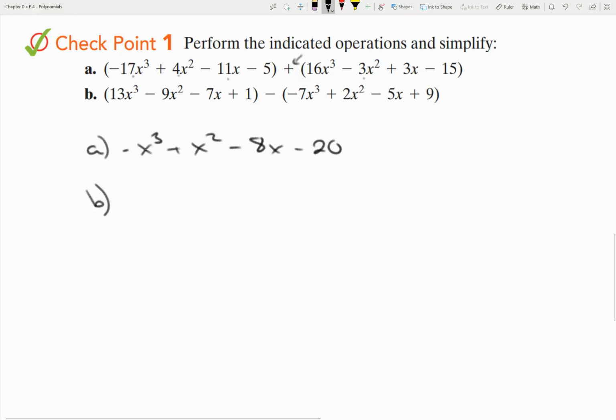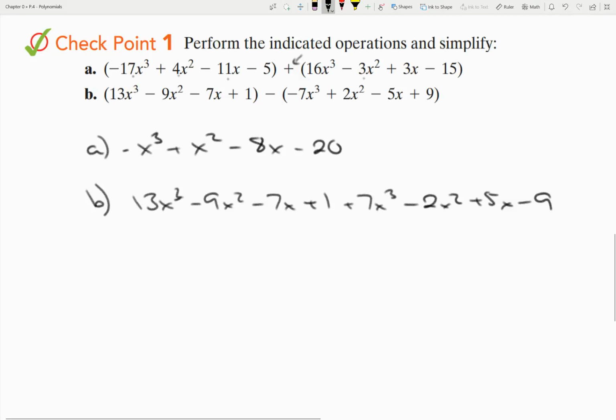For part B, however, before I get into combining it, I'm going to drop the parentheses and distribute the negative sign. So minus and minus becomes a plus 7x to the third minus 2x squared plus 5x minus 9. Okay, so then I put, whoops, that was the third power, right? 13x to the third.